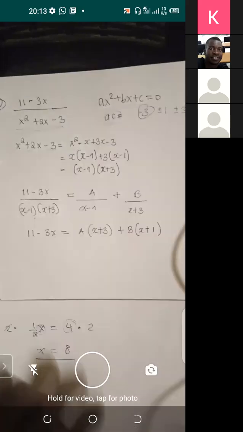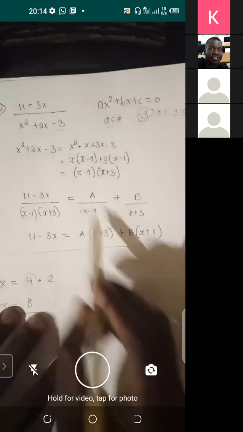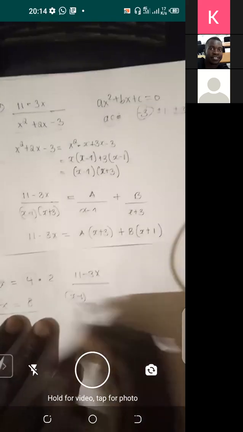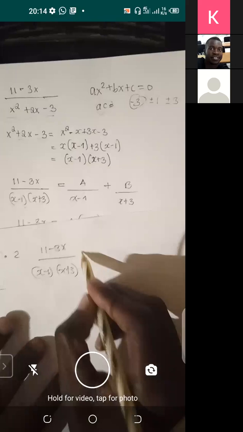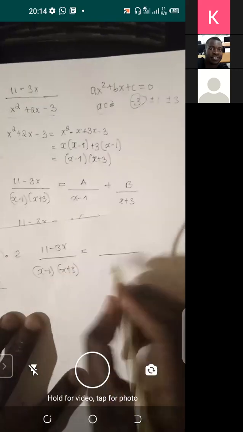Or if you don't want to do that, you can say 11 minus 3x over (x minus 1)(x plus 3) equals, finding the common denominator (x minus 1)(x plus 3), A times x plus 3, plus B times x minus 1.